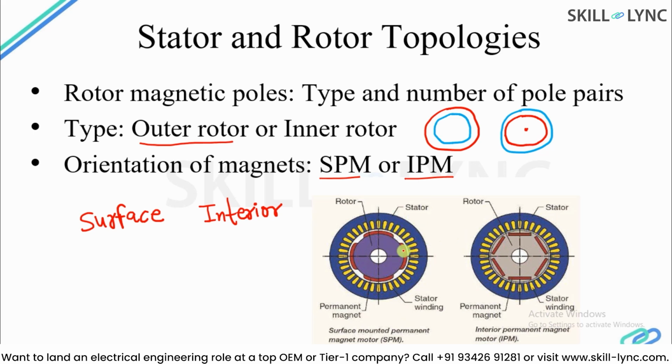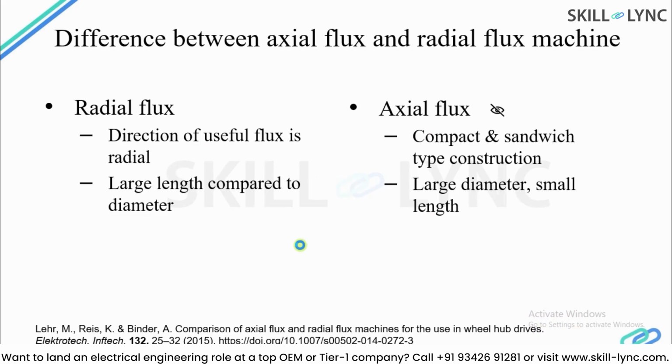And also because the rotor is rotating, the centrifugal force will be experienced by the permanent magnet material, and that is also the reason why, in the case of a high-speed drive, the interior permanent magnet can be more preferable. So here the utilization of the core material is better for the interior permanent magnet motor.